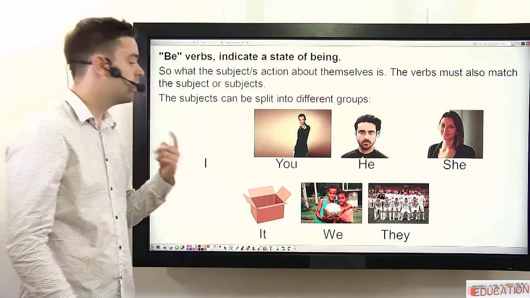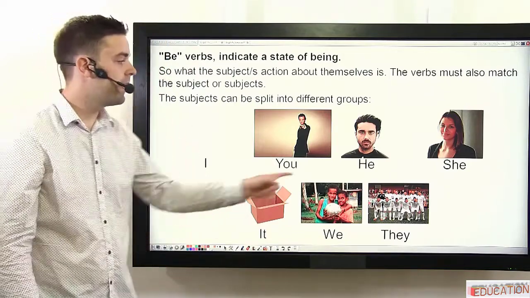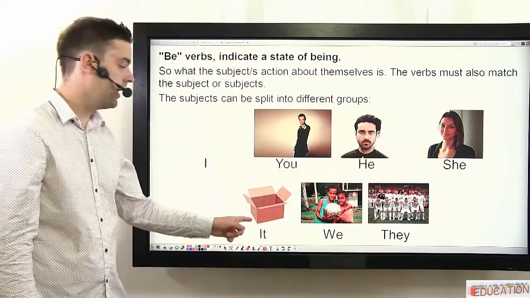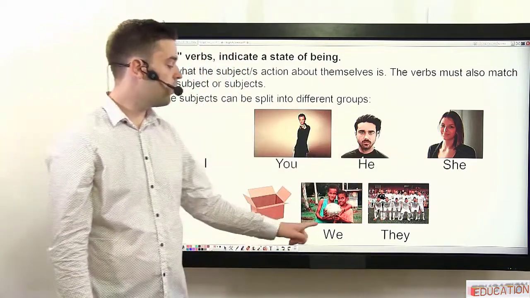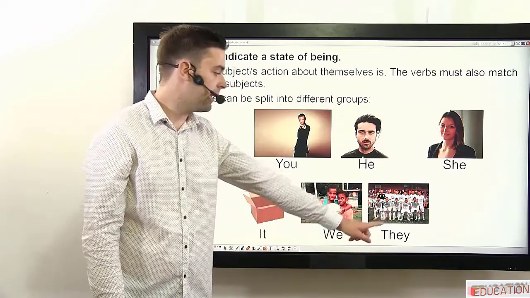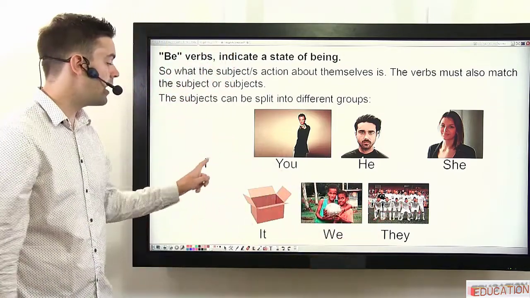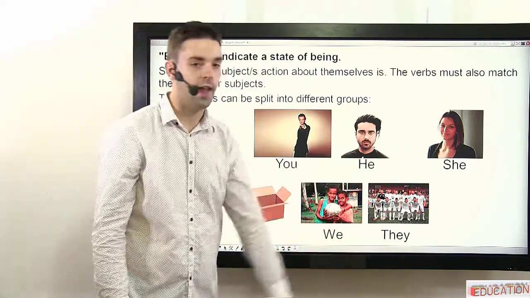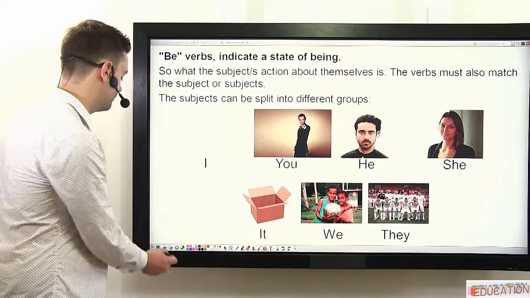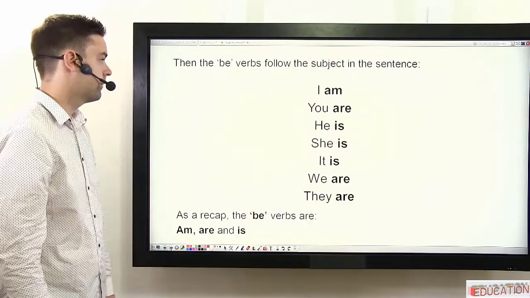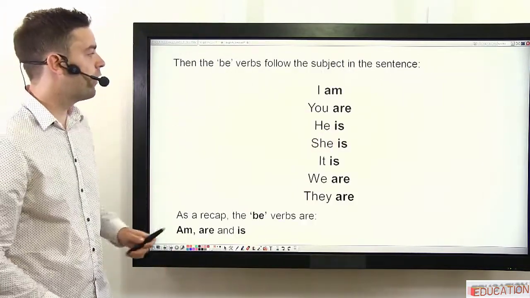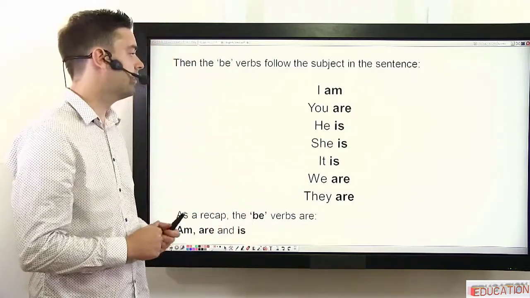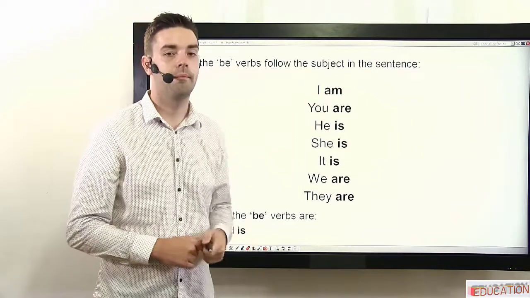I, you, he, she, it, we, they. The be verbs follow the subject in the sentence, so they come after the subject. I am.